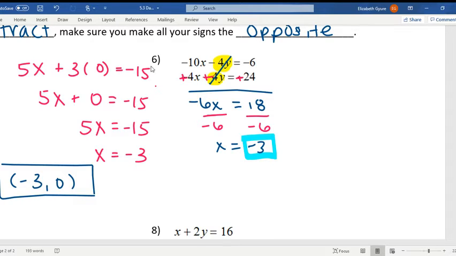Now, anytime you have to switch anything around with an equation, change signs, whatever it is, when you plug your number back in, I would always pick the one that you haven't done anything with. We kind of already messed with this bottom problem. We wrote it differently. So I'm going to take this -3 and plug it in for x on the top equation because I haven't messed with that one at all.